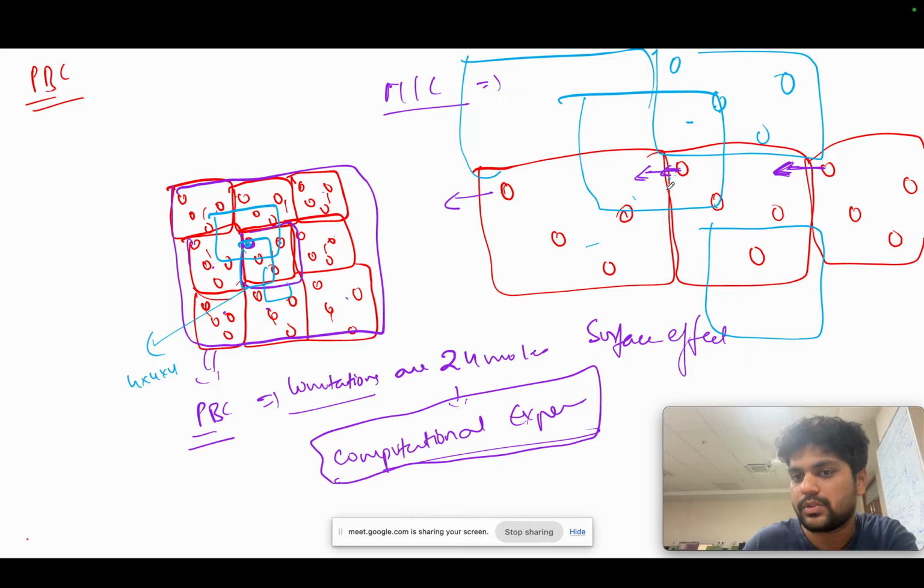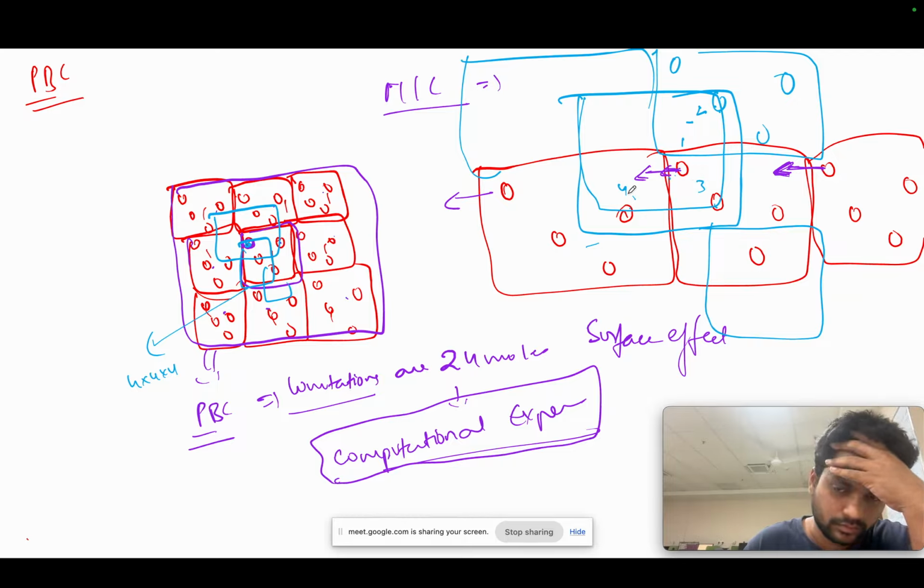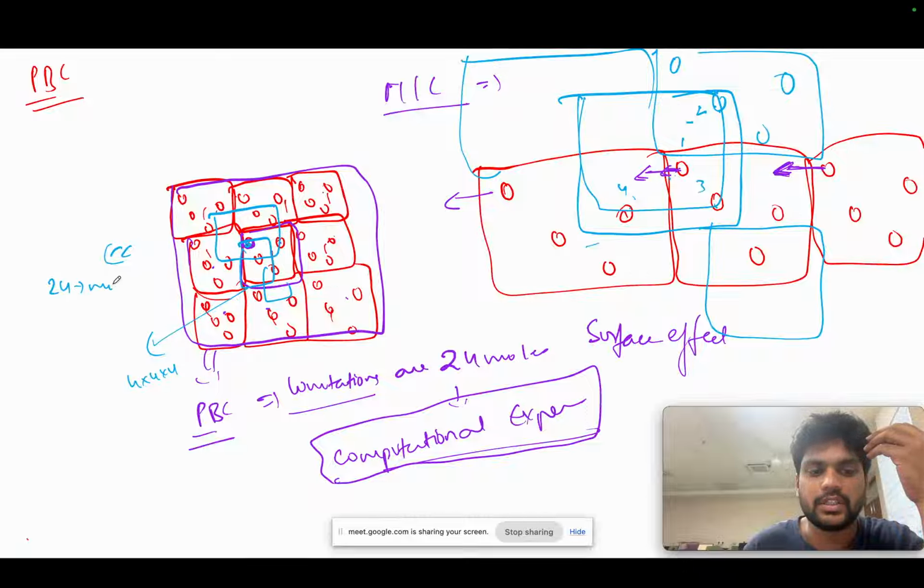Still we have 4 molecules. If I take the box, 1, 2, 3, 4. So now this has 24 molecule interactions. The mirror image will have n into n minus 1 interactions.